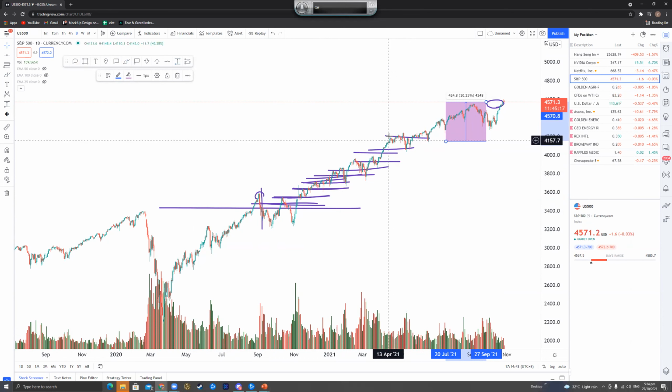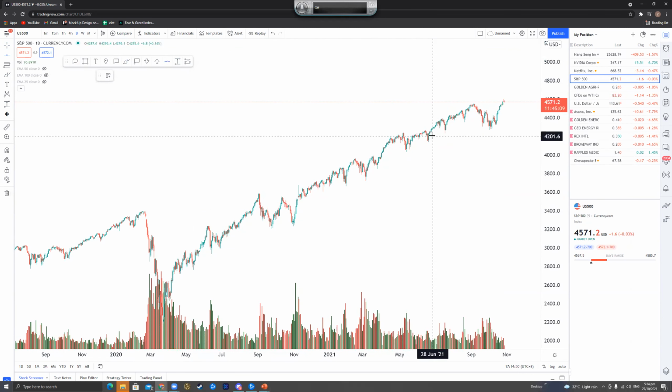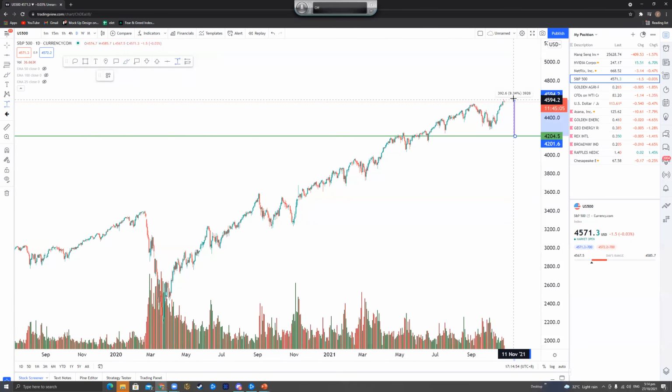So let's say from 4,200 onwards, you will be getting less than 10%. From here onwards you'll probably be getting like 9%, because if you buy here, even at the current price, it is less than 10%.